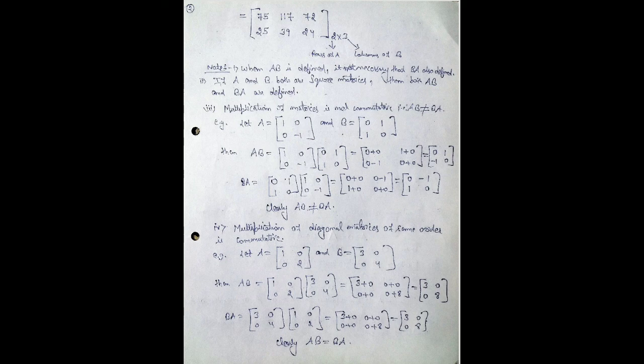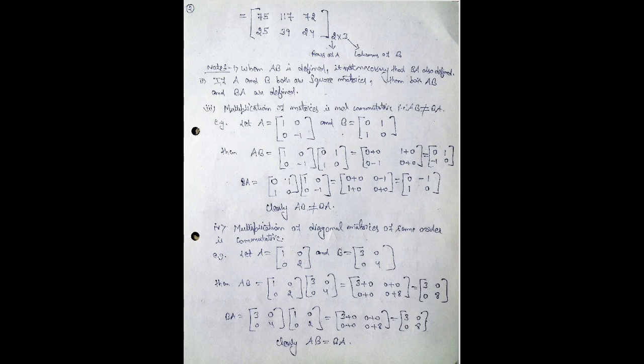Now the order of this matrix is 2 cross 3. If we observe, we clearly see that there are 2 rows in matrix A and 3 columns in matrix B. So we can say that our resulting matrix consists of the rows of matrix A and the columns of matrix B.